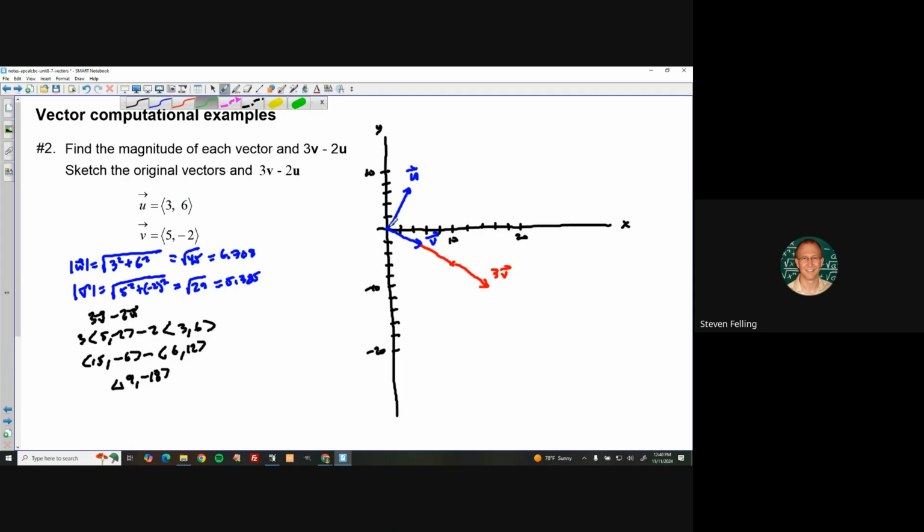So if u is in this direction, that would be this direction. There's u. Negative of that would be this, and 2 of those would be this. So this is like minus 2u. So if I added a negative 2u onto a 3v, we should get this vector here. Sorry, that's kind of wobbly, which is over about 9 and down about 18. Right, so not perfect sketch here, but that's the idea.